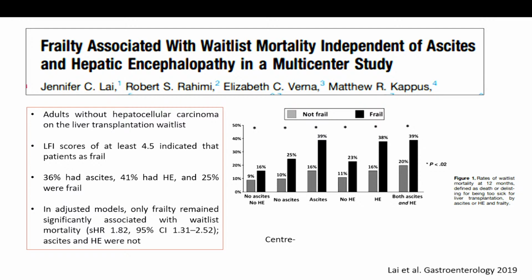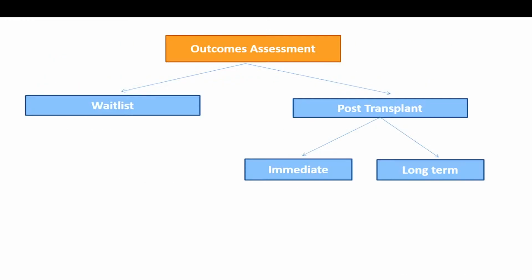If you take all these three into consideration, what they want to emphasize is that in adjusted models, it is frailty which remains significantly associated with waitlist mortality and not ascites or HE. So simply having decompensation matters, but if you're frail and decompensated, that is the worst.